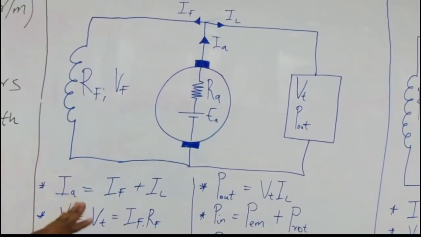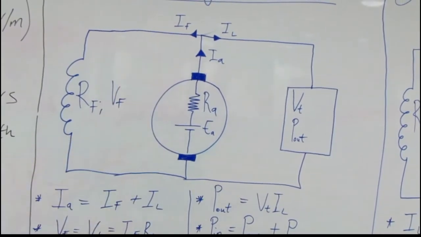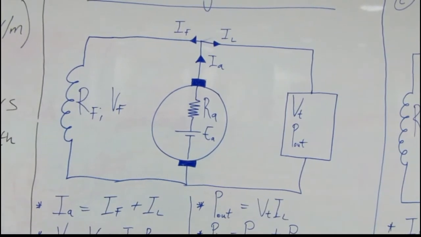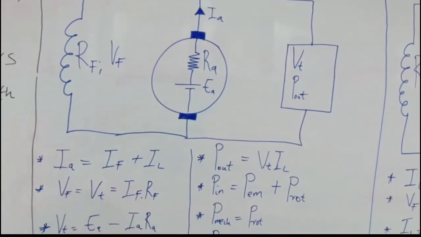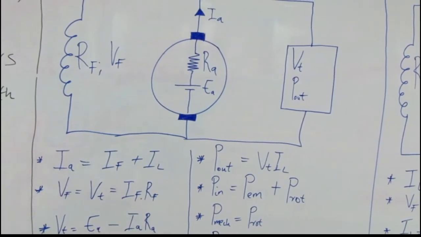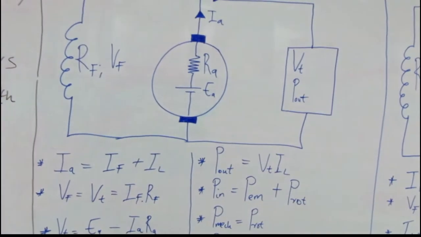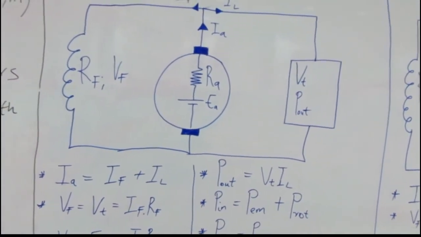And let's say you are given everything but you are not given IF. To calculate IF, use VT equals IF times RF, then make IF the subject of the formula. You get it. They usually give you terminal voltage because it's the voltage that is on the load.